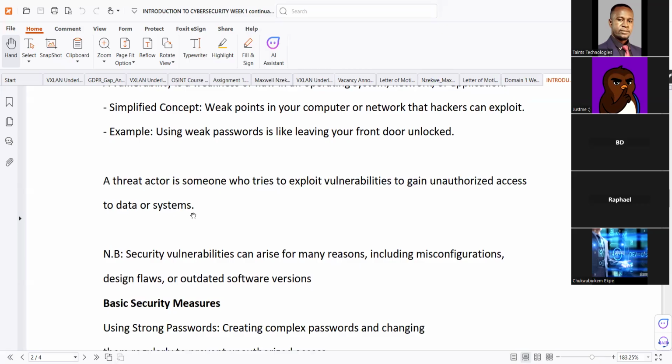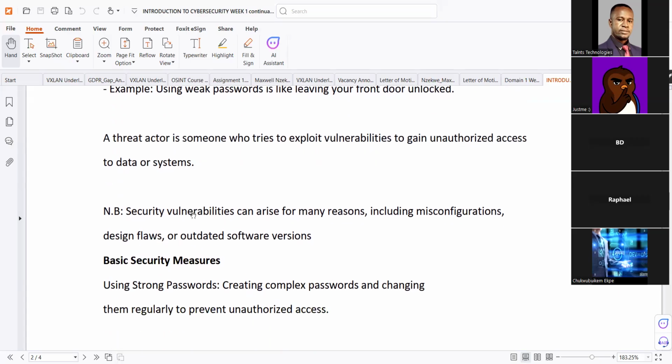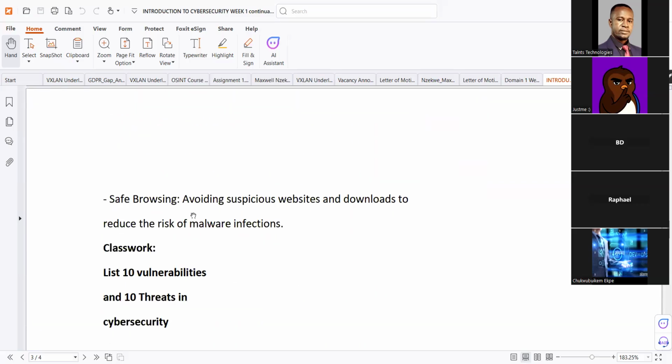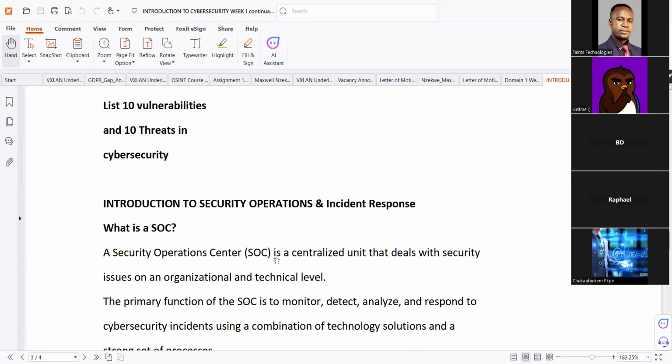So you use strong passwords, you use two-factor authentication, and regular software updates keep software up to date with the latest patches to close vulnerabilities that would be exploited by hackers. You have to know some sites you don't click and download from, because it will attack your systems with malware if it is a fictitious site.